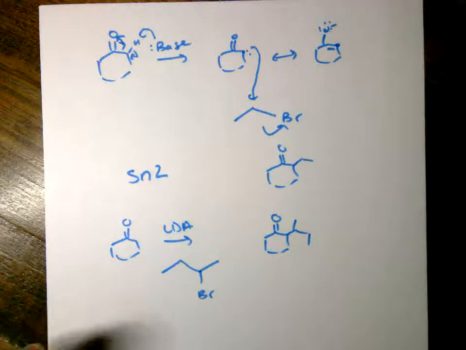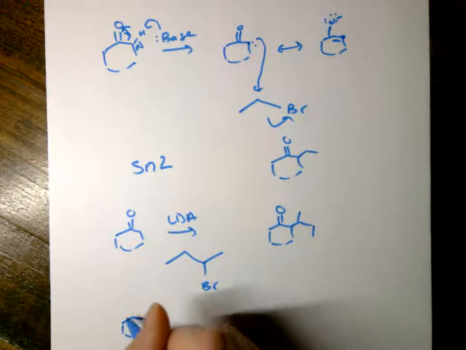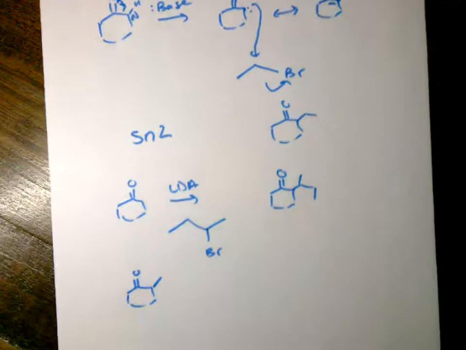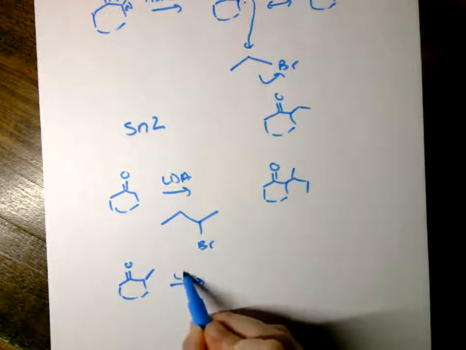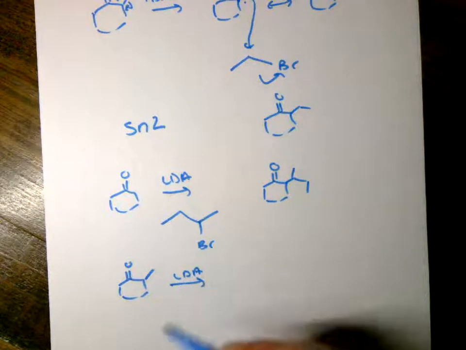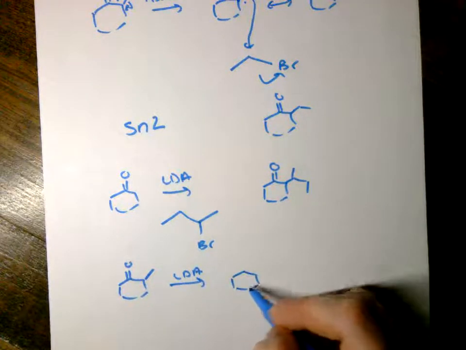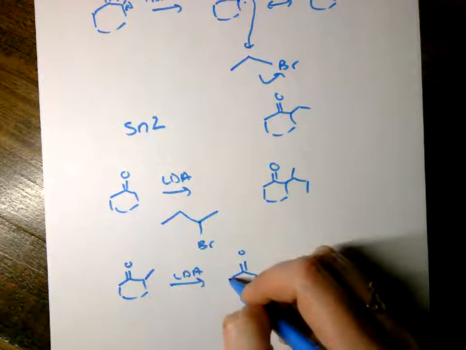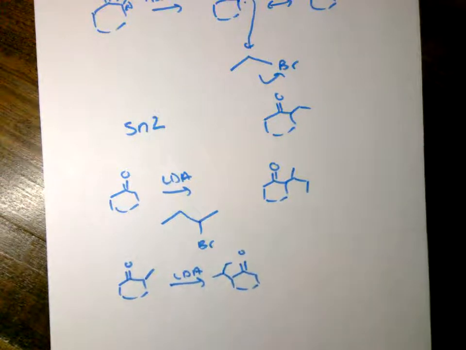So LDA at colder temperatures will favor, if you have an unsymmetrical ketone, something like this, LDA at cooler temperatures, like below room temperature, will favor the kinetic product. So it would actually favor alkylation on this side.